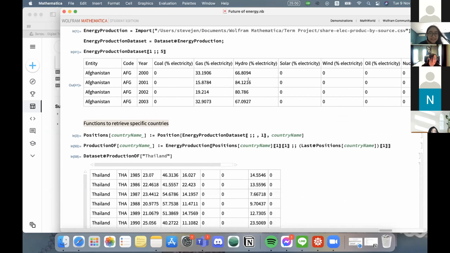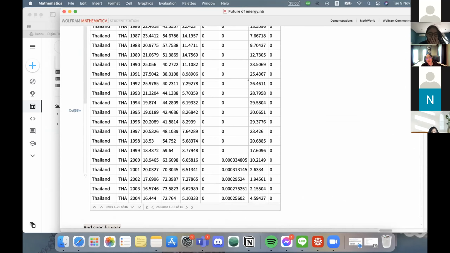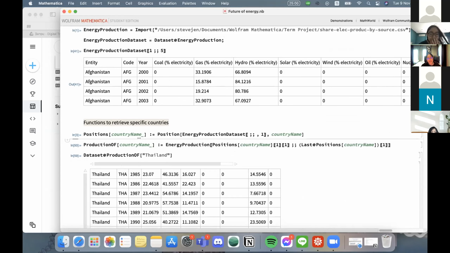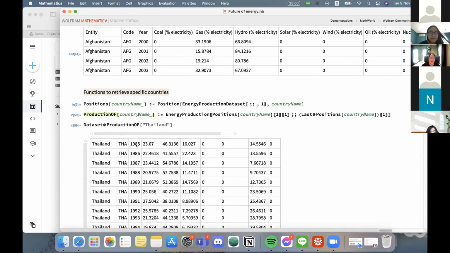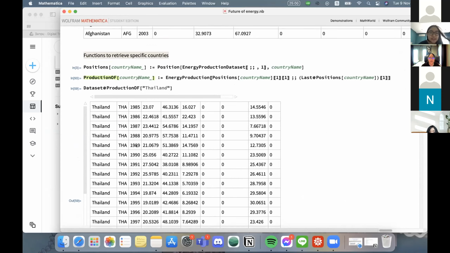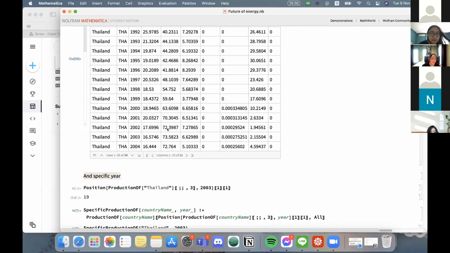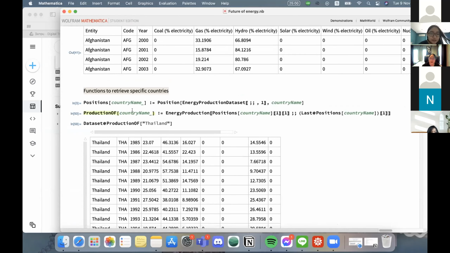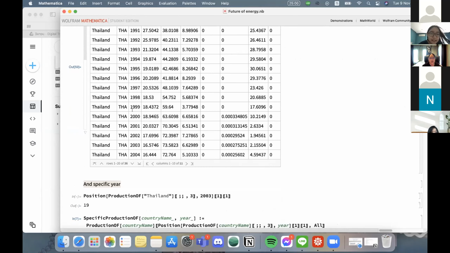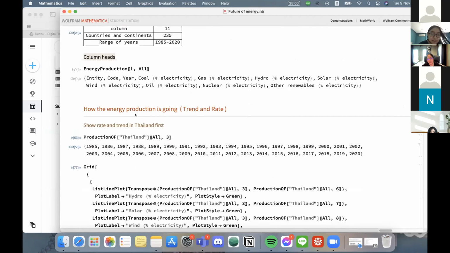Firstly, I did some cleaning, because the data has too many rows and columns. I defined some functions to extract the data only from Thailand, or only from Thailand in specific years.